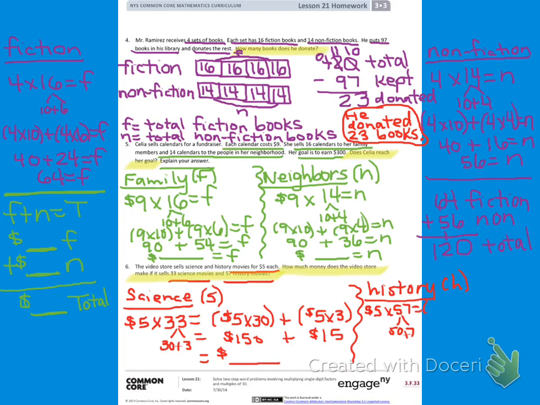Is the same as 5 times 50 plus 5 times 7. Now 5 times 50 is 250. And 5 times 7 is 35. So what is 250 plus 35? You write the answer here.